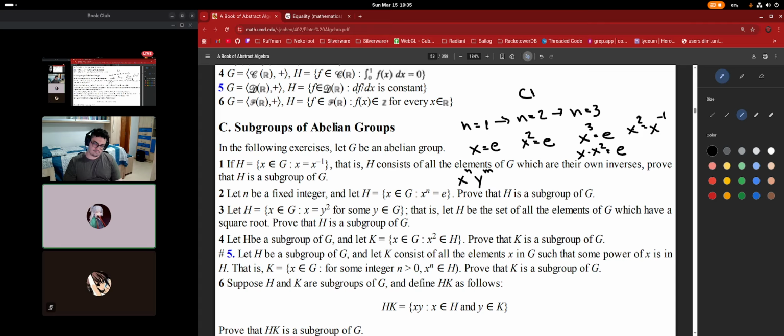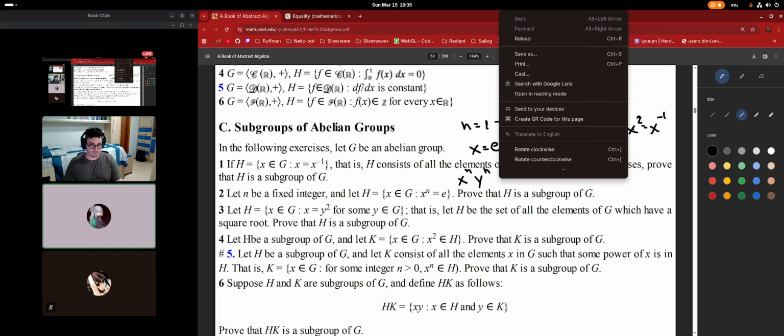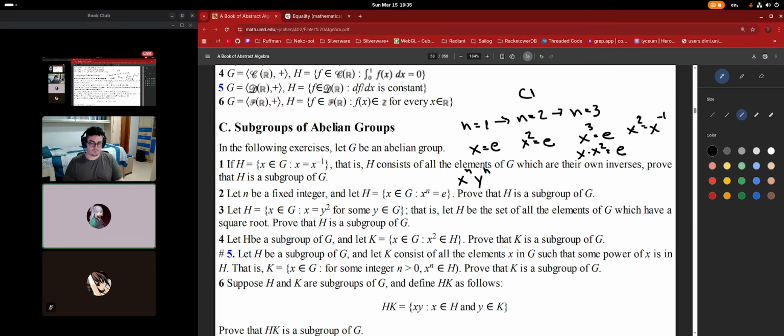That would also need to be in the set as well, right? To handle this case, you have to do the same argument from C1 above, where you can refactor the thing.